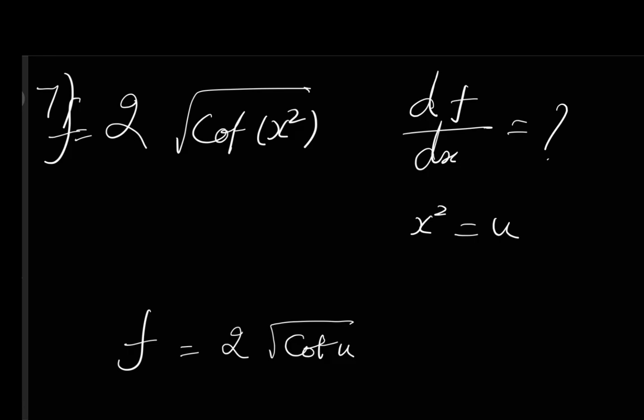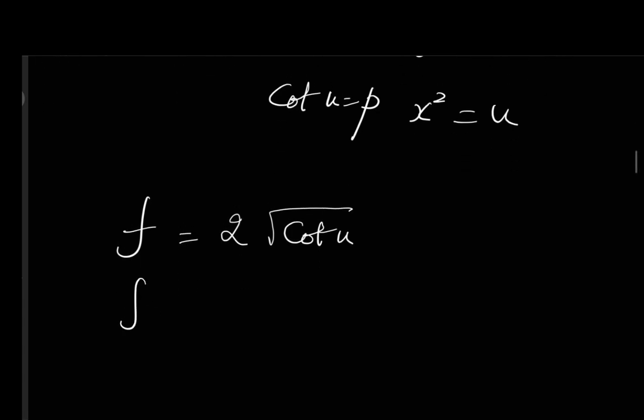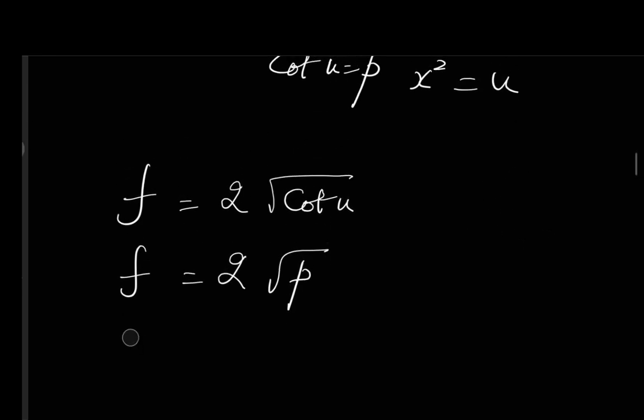Root cot u. So what you do? Make cot u as some substitution. Take p. So therefore we replace f as 2 root p. So you have to find df by dx. Let me write here. We have to find df by dx.